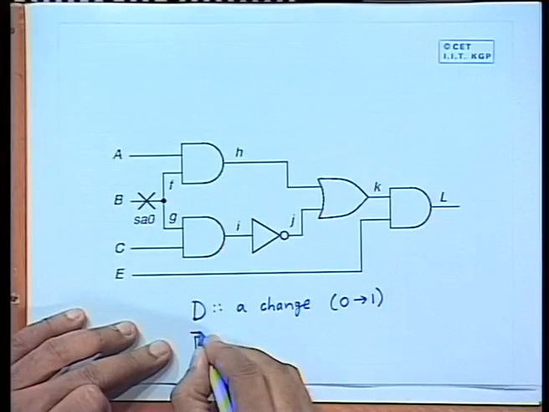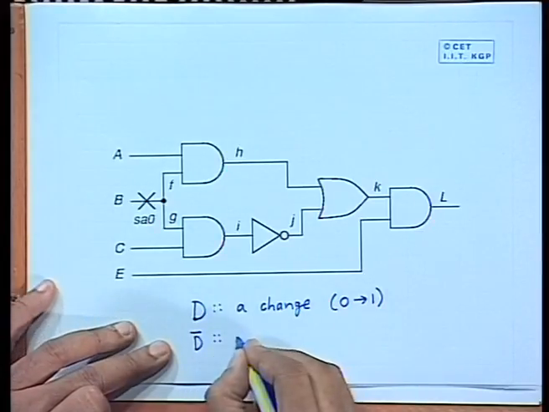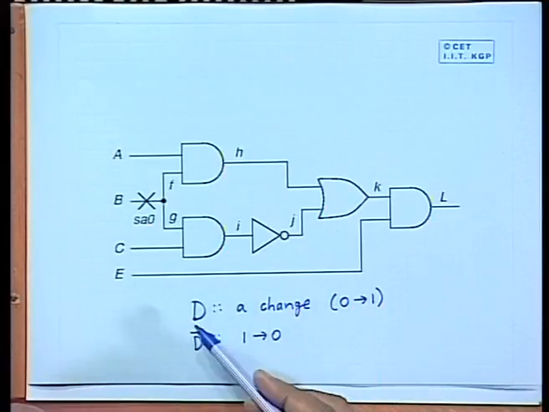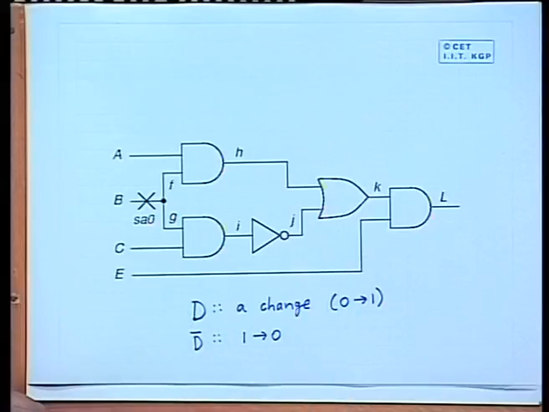So, D bar will denote the corresponding reverse change. So, D or D bar means that some change is going on on that particular line. When we talk about a change, we are actually talking about change with respect to the good circuit. For the good circuit, the line had some value, and when the fault occurs, the line has some other value. Okay. So, this we denote by D or D prime, fine.